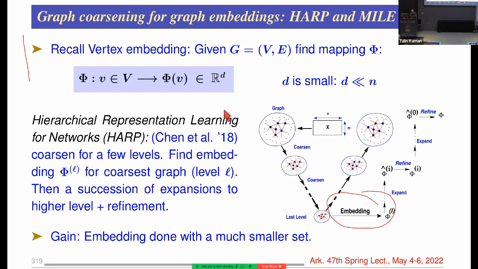So the idea is to find an embedding, right? And again, graph embedding is exactly similar to what we have seen earlier, but this is done using a multi-level technique. You do graph coarsening, and then every time you go back up, you refine your embedding to get a new one for this level, and you continue that way.